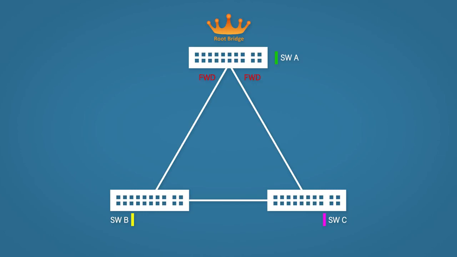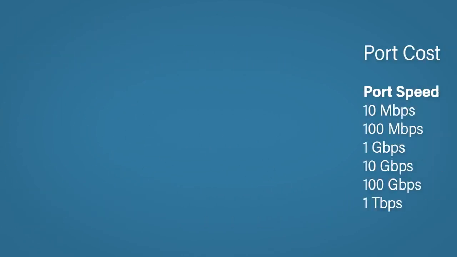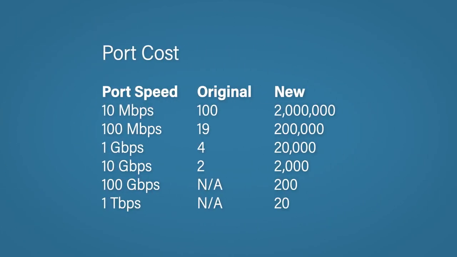Step 3 is for each non-root switch to choose the best path to the root bridge. These are called root ports. The root port decision is based on the port cost. So first, we need to take a quick look at port costs. Okay, here are the costs.